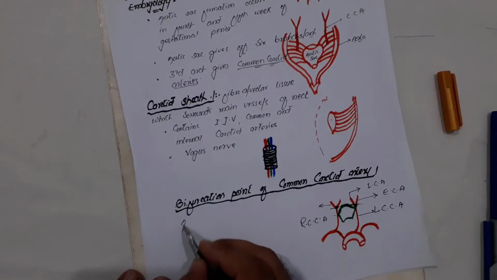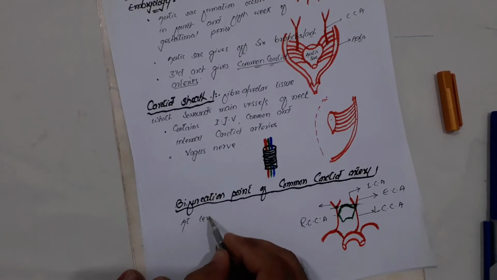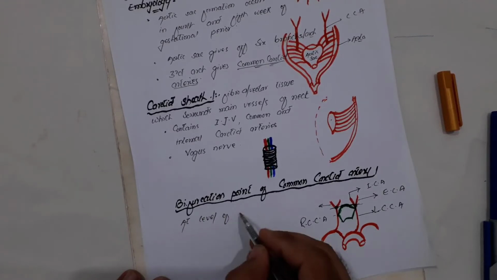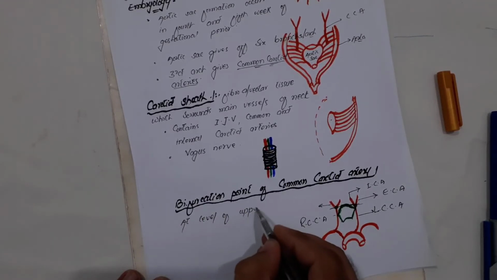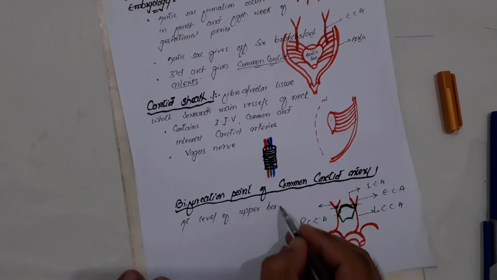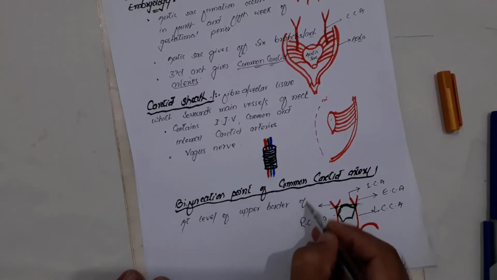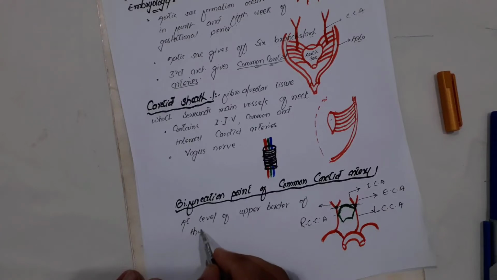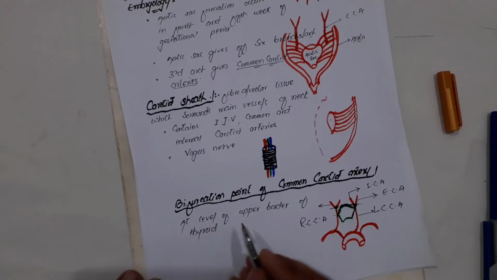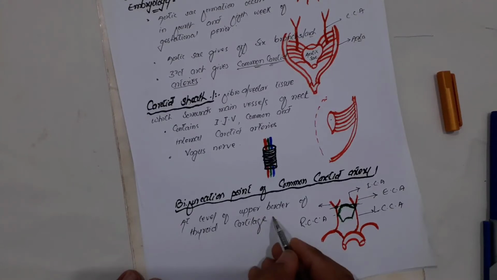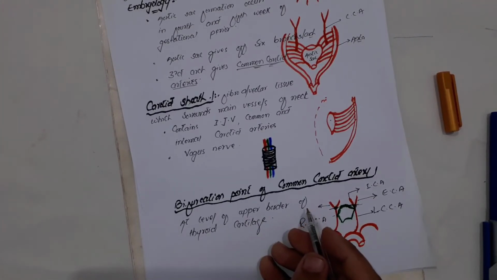Okay, at level of upper border of thyroid cartilage. Okay, this is the bifurcation point of this common carotid artery.